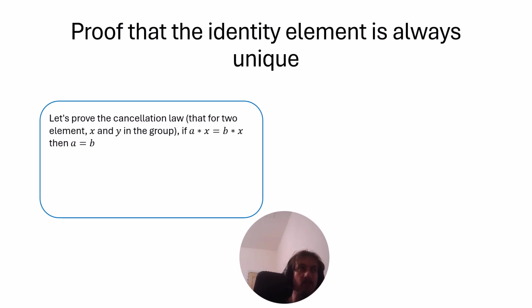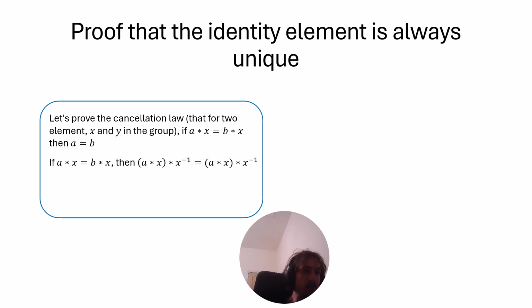We use the symbol x to the minus 1 because in the case where star is standard multiplication, indeed, the inverse of x will be 1 over x. But in general, if we have some binary operator star which is helping form a group, then the inverse of x will be totally different to 1 divided by x. So it's important not to confuse them.